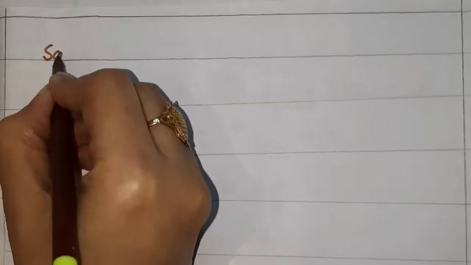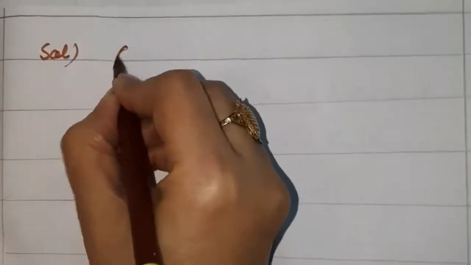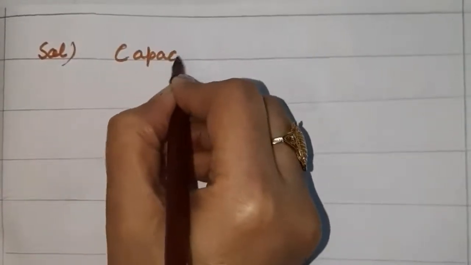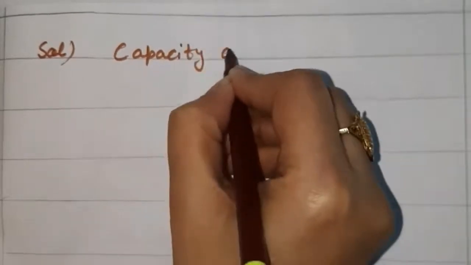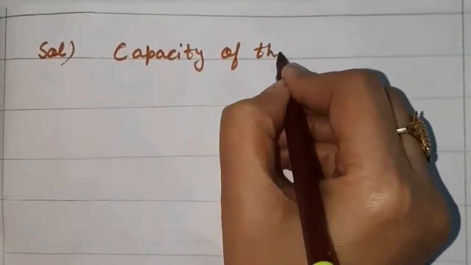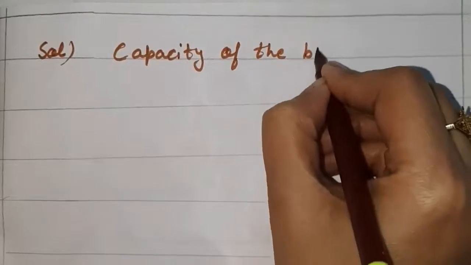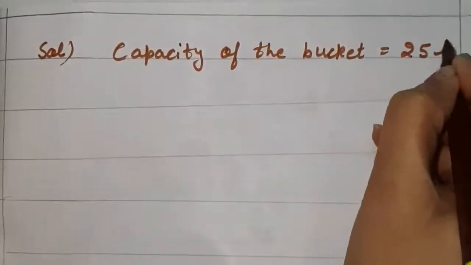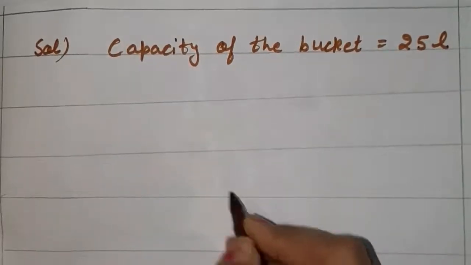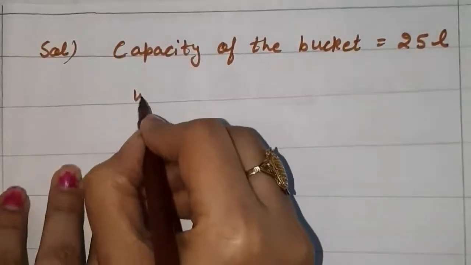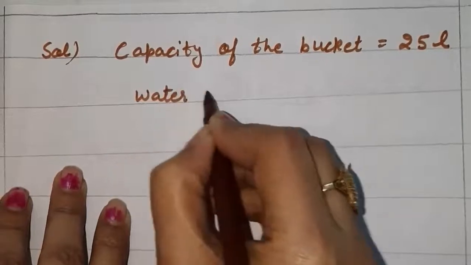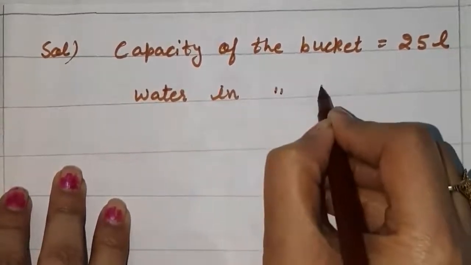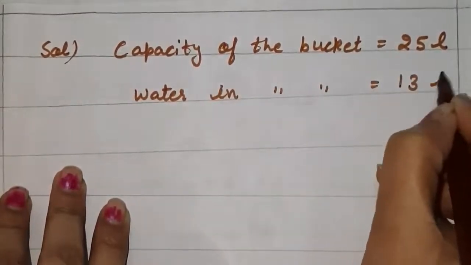So start the solution. Capacity of the bucket is equal to 25 liter. Water in the bucket, 13 liter.